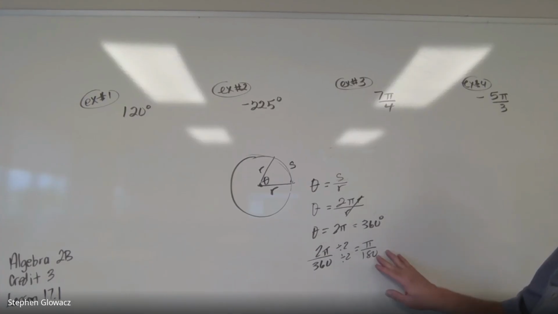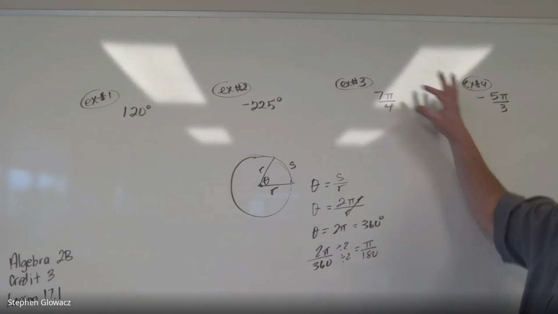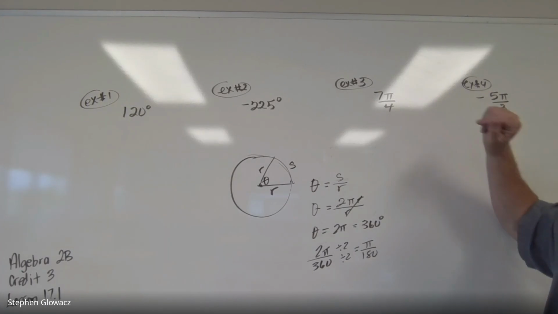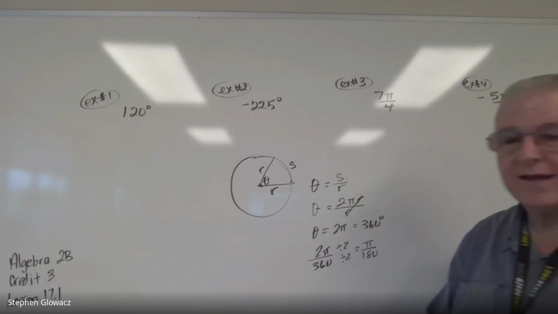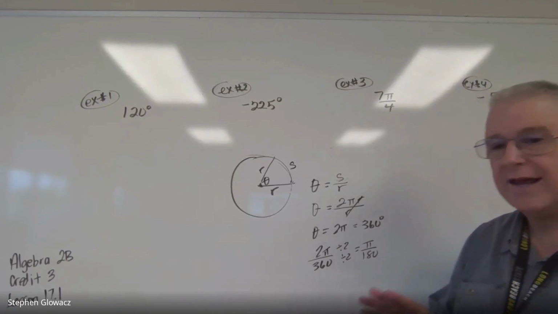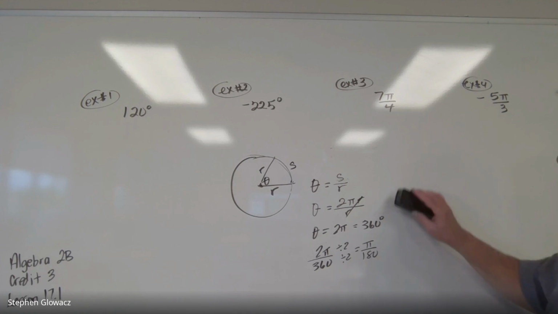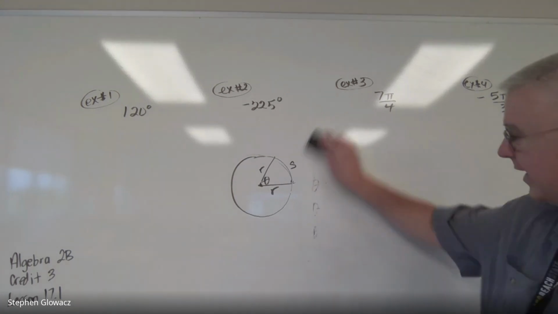We're going to multiply by pi over 180. And interestingly enough, on the last two problems, we're going from radians back to degrees. We just flip this and we'll multiply by 180 over pi. So that's a little intro into what a radian is. And now let's go ahead and jump into the examples here.